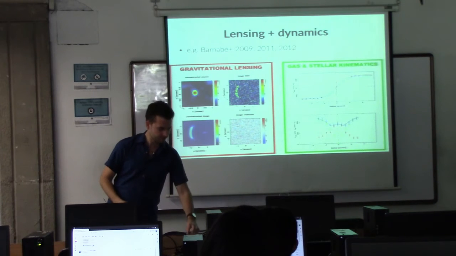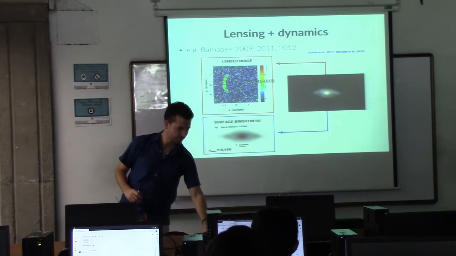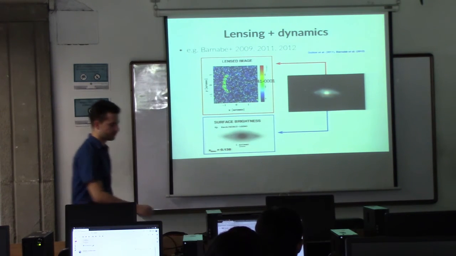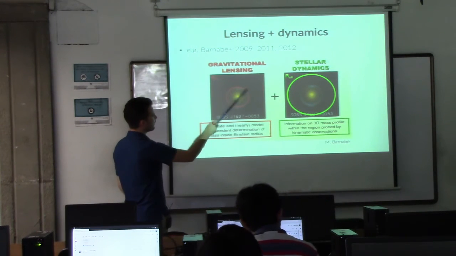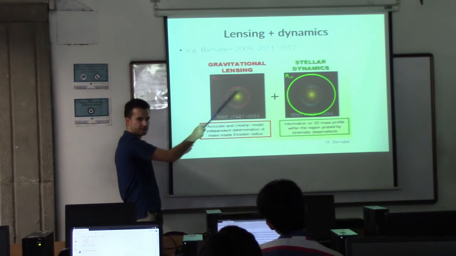And crucially, this allows us to do something pretty fancy here. Because gravitational lensing only tells us roughly how much mass is enclosed within the Einstein radius.